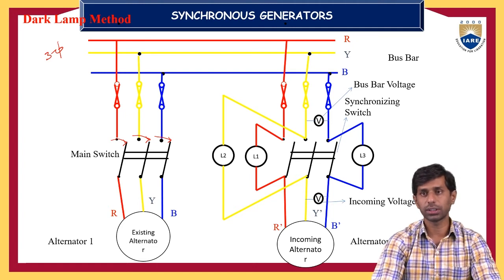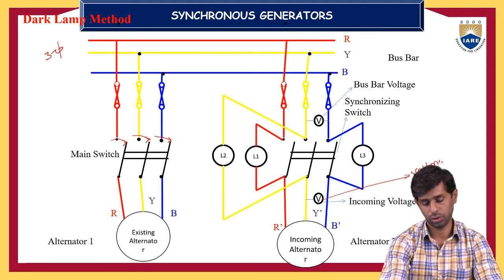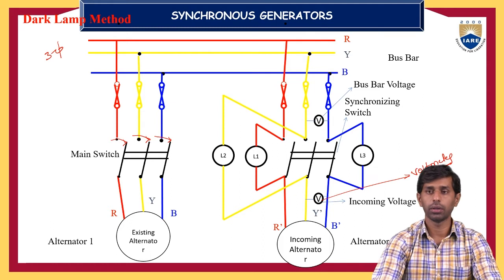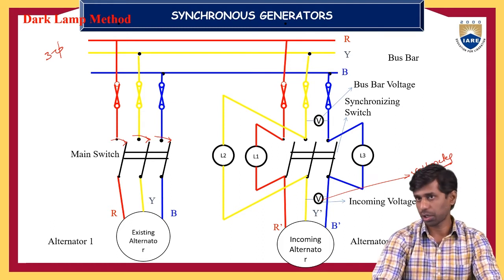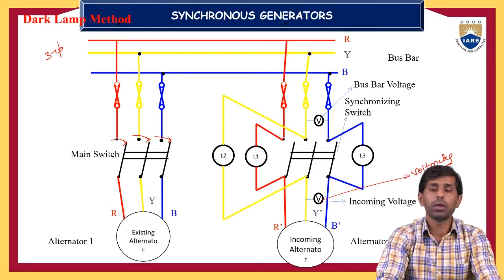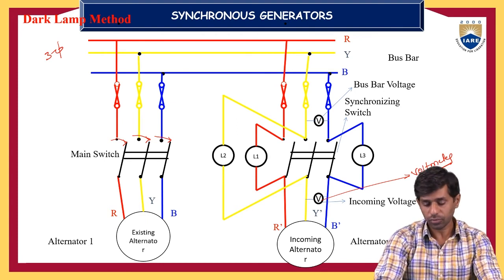Once it reaches the synchronous speed, first of all, check the line voltage of the alternator with the help of a voltmeter. With the help of a voltmeter, check whether the terminal voltage of the alternator is equal to the bus bar voltage or not. You have to check the bus bar voltage as well as the alternator terminal voltage, which is called the line voltage, between any of the phases.